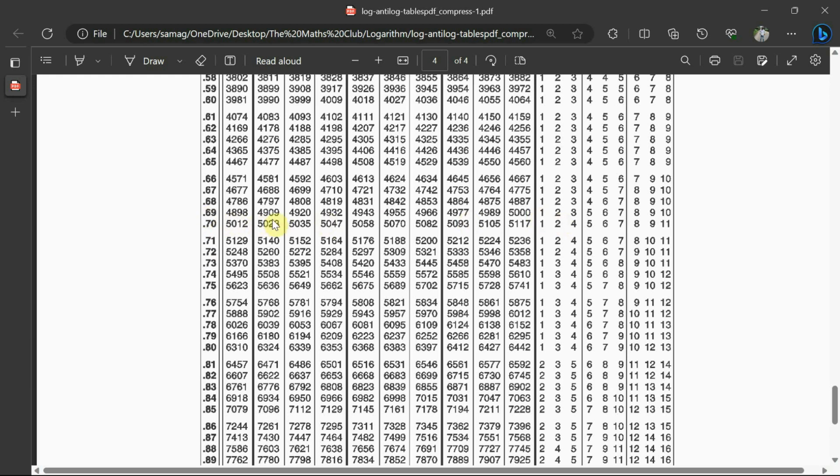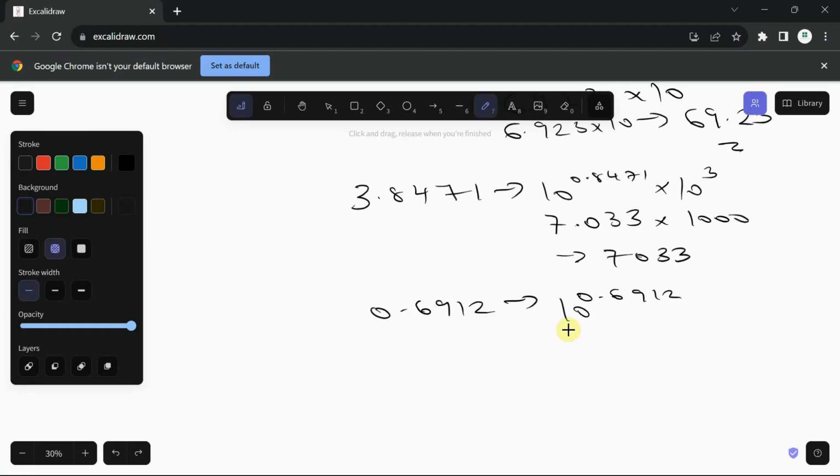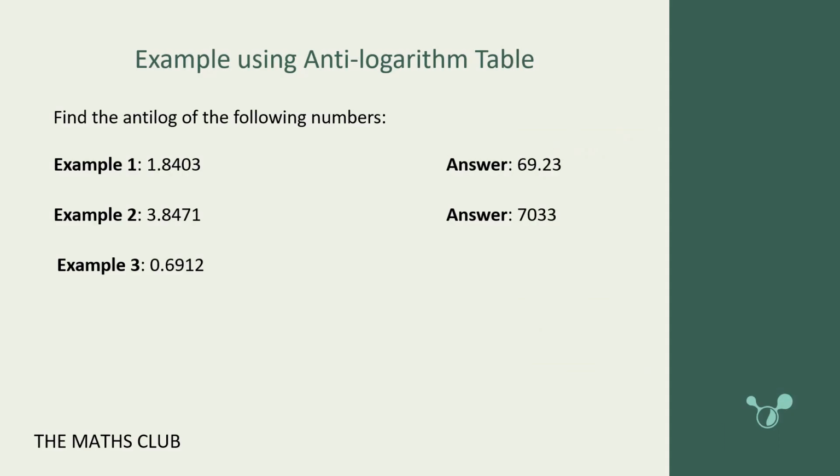So that is 4909 plus 2, and that will give me 4911. Of course, there is a point after the first 4, so that's 4.911. Let's see if our answer is correct. Great. If you got it, well done.